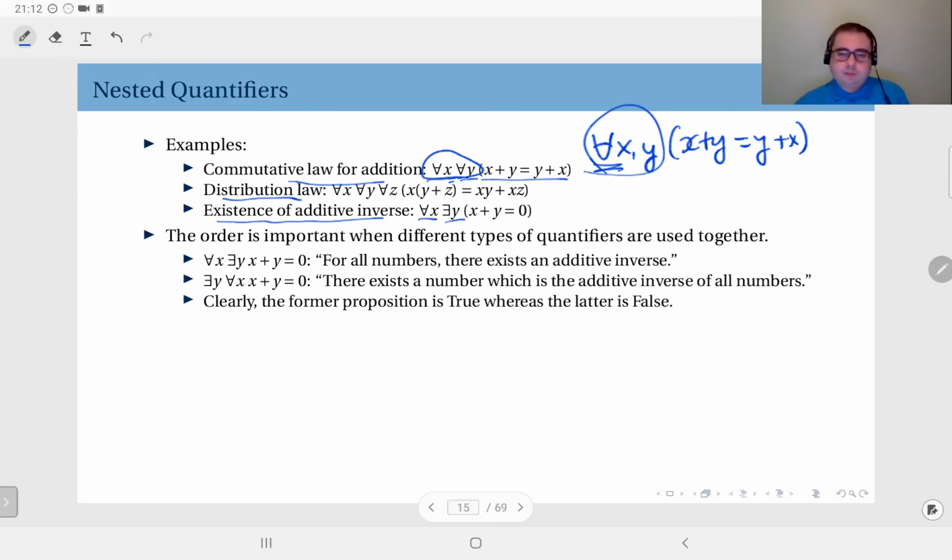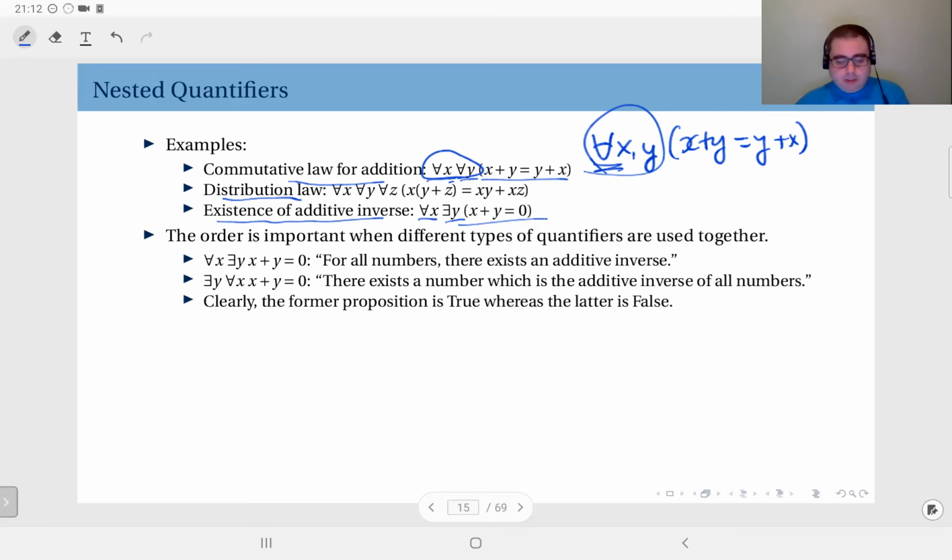For all possible values of a number, and we are not explicitly stating it, but we can assume the domain is real numbers, for all x, there exists a y such that x plus y makes 0. So this talks about the existence of additive inverse for all numbers.